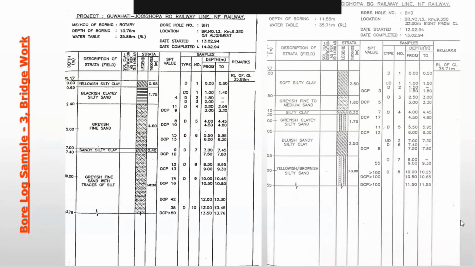For the SPT value, we count the number of blows for 450 mm driving, out of which the first 150 mm is not counted because it is considered as seating, and for the remaining 300 mm depth the number of blows required is counted.